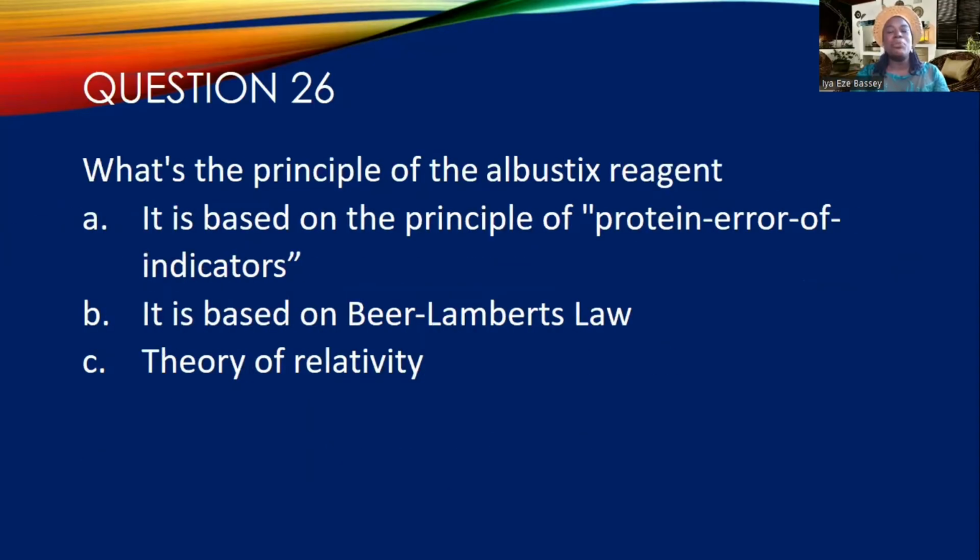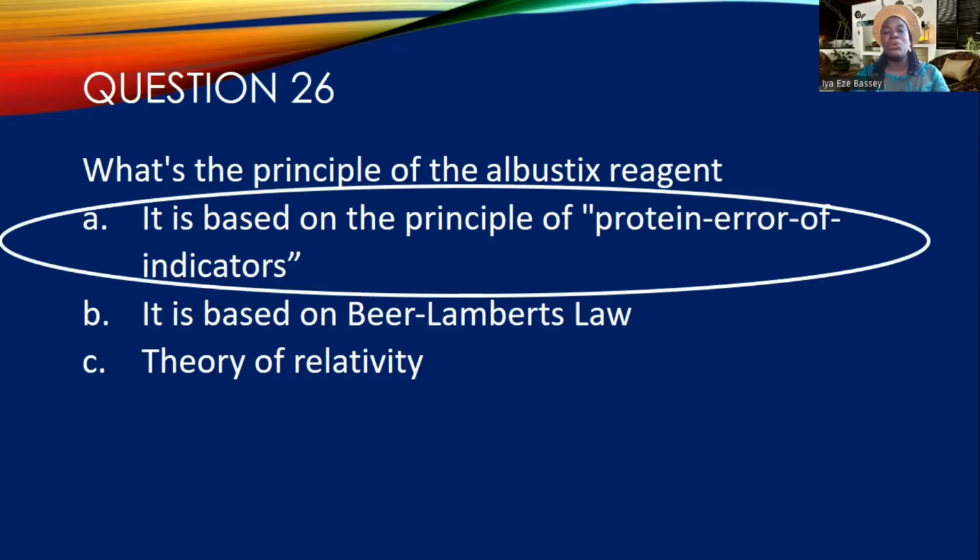So what is the principle of the Albustix reagent? A, it is based on the principle of protein error of indicators. B, it is based on the Beer-Lambert's law. C, it is based on the theory of relativity. My answer would be it is based on the principle of protein error of indicators. That is why when you dip that indicator into urine that has protein, it changes color.